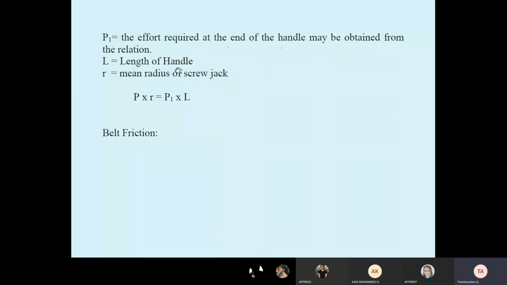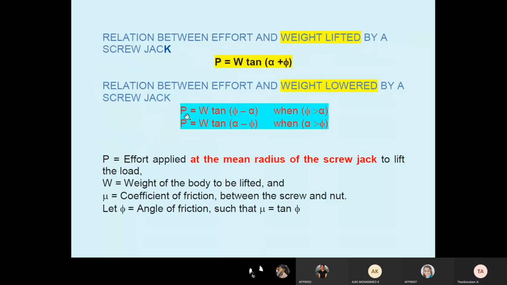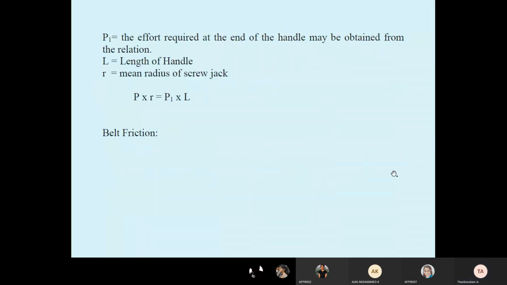L means length of the handle. If you use these two relations, you can find P1, the effort required at the end of the lever. So these are the 5 formulas. Lift, lower. Here P means effort applied at the mean radius of the screw jack to lift the load. P1 means effort applied at the end of the handle.